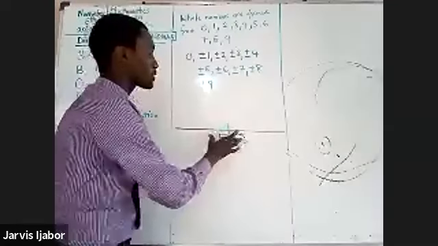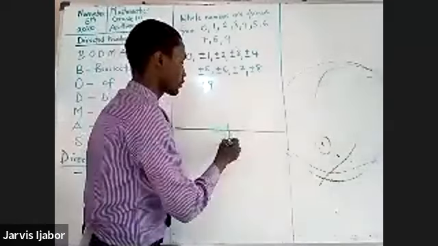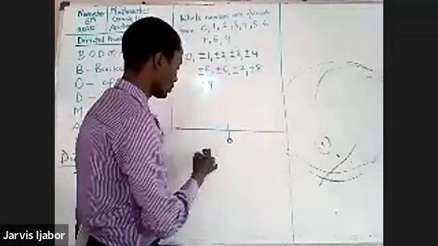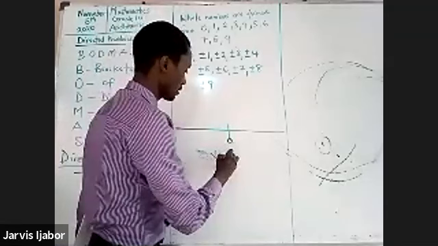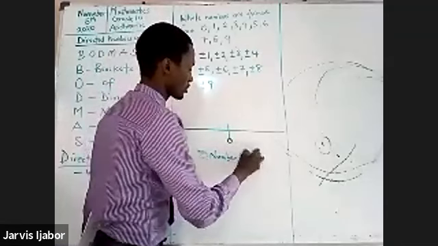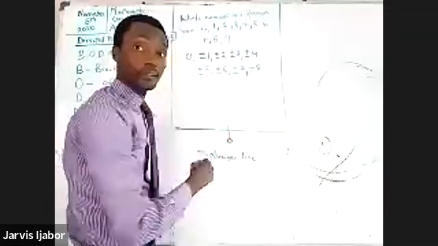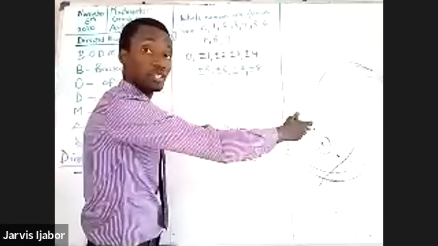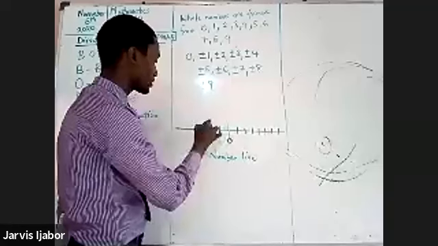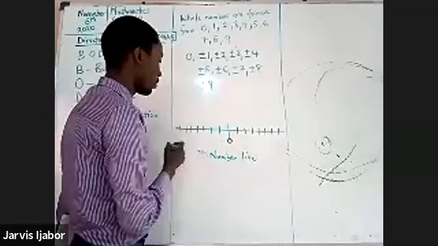Now, the concept of directed numbers is that you are starting with 0, and this concept is called your number line. If I move towards my right, what I'm going to have will be positive values. And when I move towards my left, I'm going to have what is called negative values.